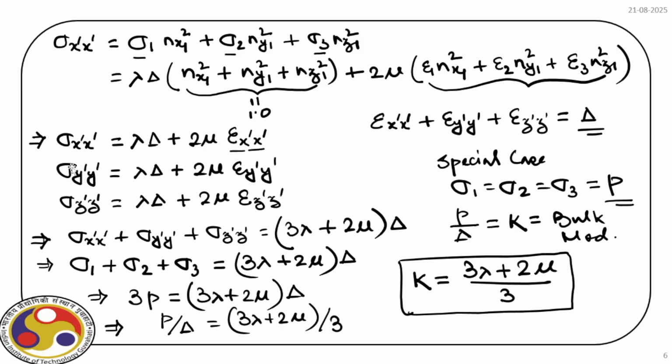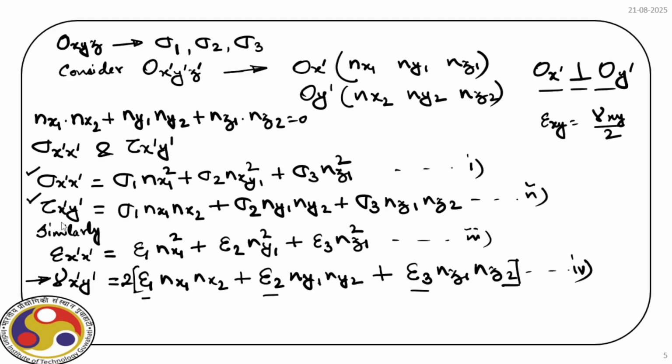Okay. Now instead of sigma x prime, if we consider tau x prime y prime, and again on the right hand side we have sigma 1, sigma 2, sigma 3. Obviously we can replace these three quantities using strain, and if we do that, let us see what we get.